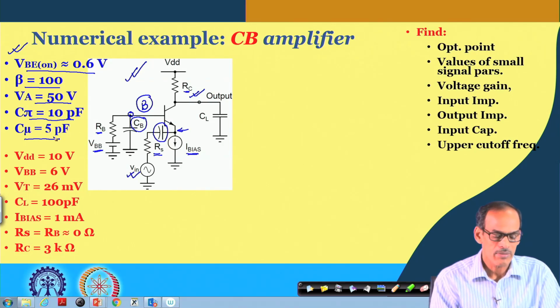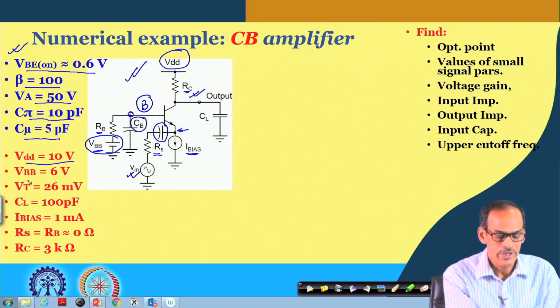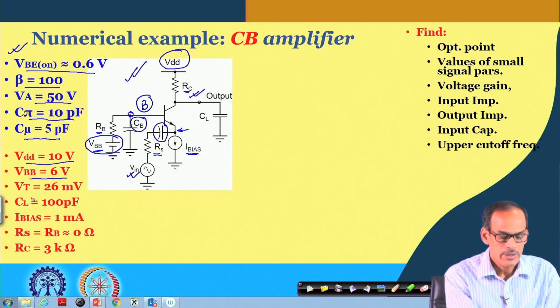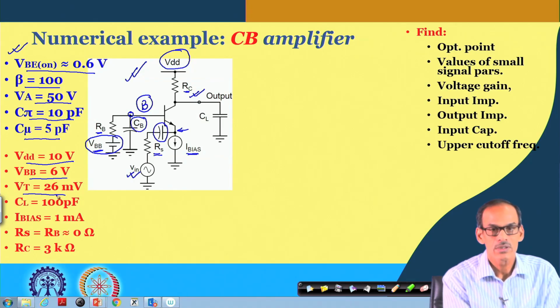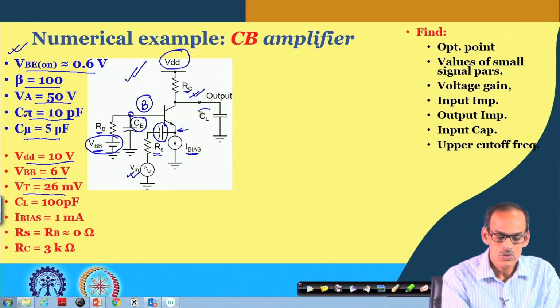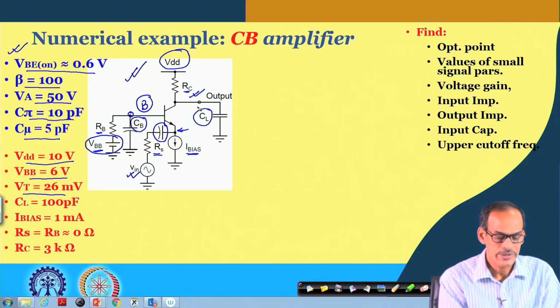These are typical numbers. Also we have the supply voltage 10 volt, base DC voltage 6 volt, thermal equivalent voltage V_T is 26 millivolt, and the load capacitance connected at the output node is 100 picofarad.